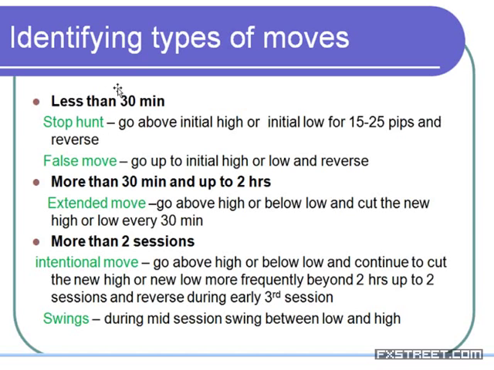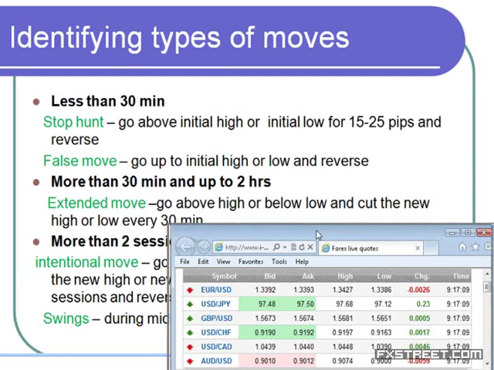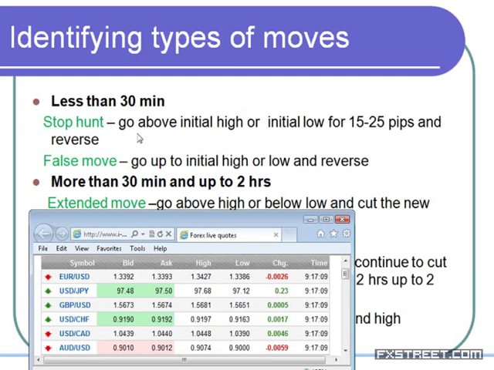How? Because we track the type of moves they are doing. Now, they make the moves based on the time frame. So there are two types of moves. They make it in less than 30 minutes. So what they do, as I explained, is go above the initial high or below the initial low.